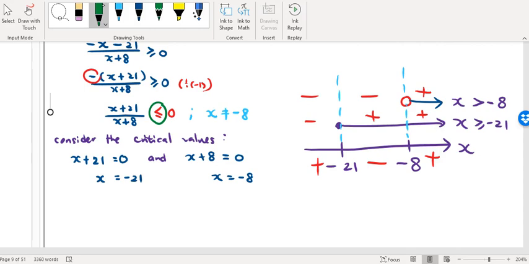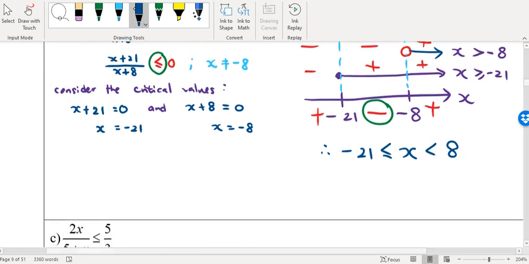So which symbol you choose is based on the symbol before you consider your critical values. That is negative, so circle the negative. Do circle it out because this is part of the process. So from here, don't forget to write down your answer. This is a black dot, so include. This is an empty dot, so exclude.